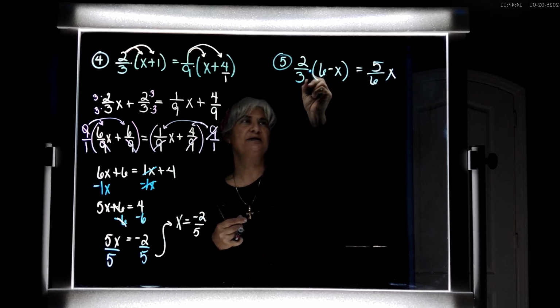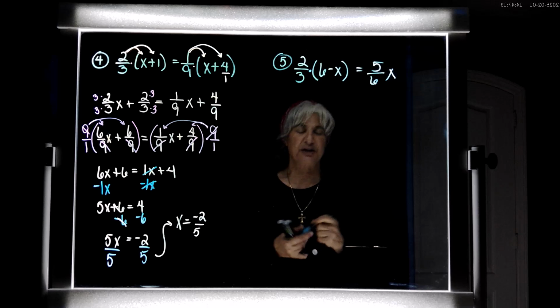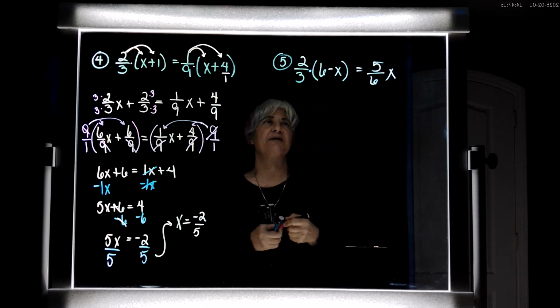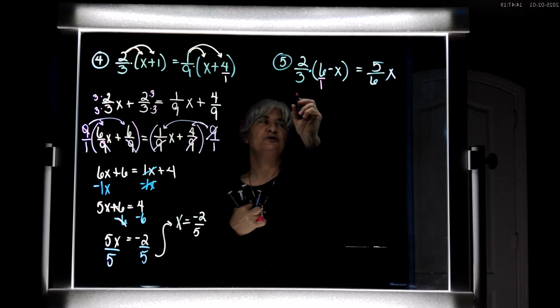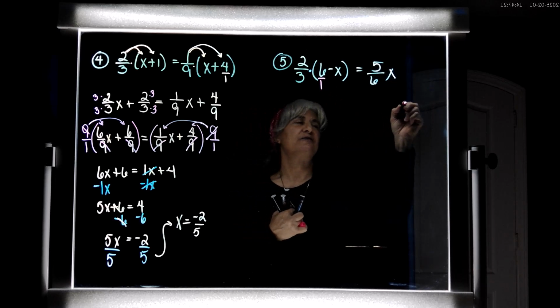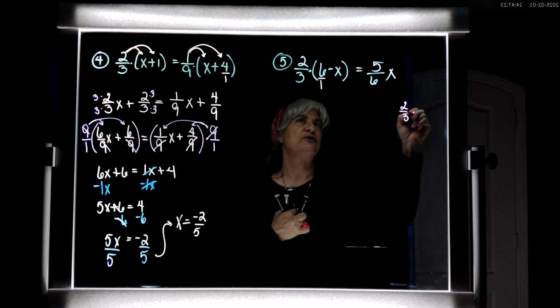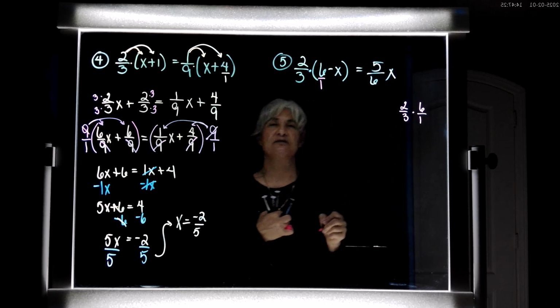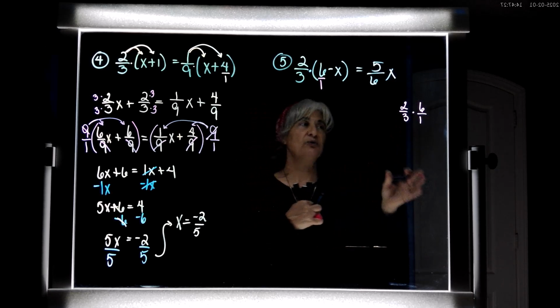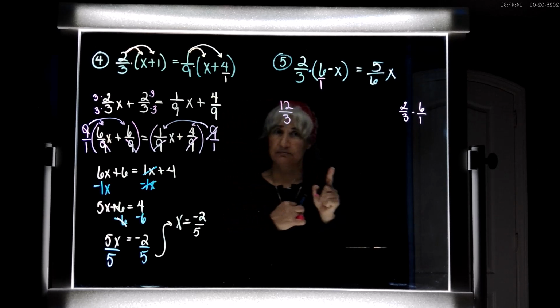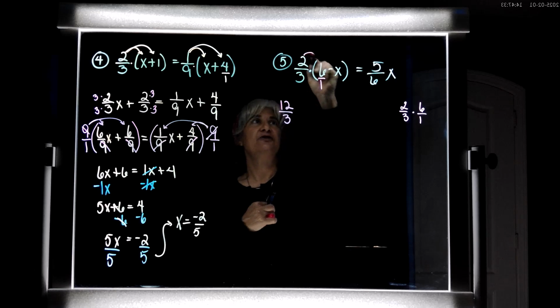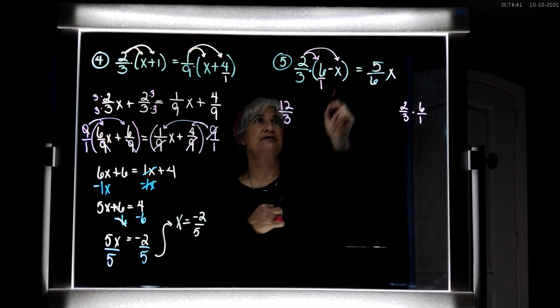Fraction outside parentheses. This is a multiplication problem, right? So let's see what we get. Make the 6 into a 1. And if you need to write it off to the side, write it off to the side. You're doing 2/3 times 6 over 1, which will give you 12 over 3. And then you're going to distribute it to the x.